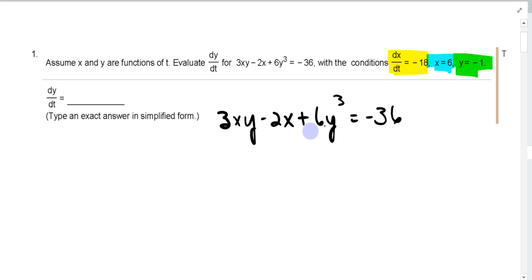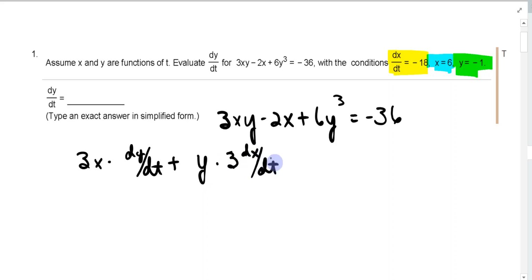We can tell this is a crazy function. It's not in y equals form, so we're going to use implicit differentiation. We also need to know that this is a product. So 3x times the derivative of y, which is 1 dy/dt, because everything is going to be with respect to t, plus y times 3 dx/dt.